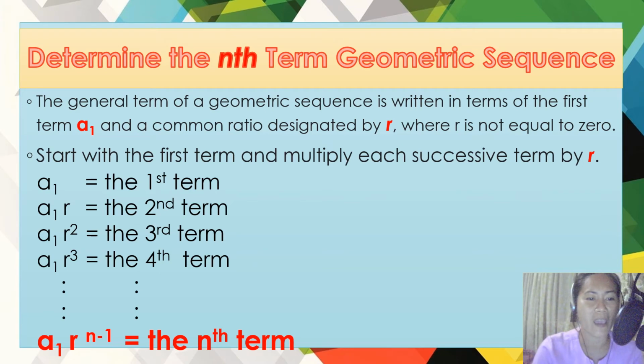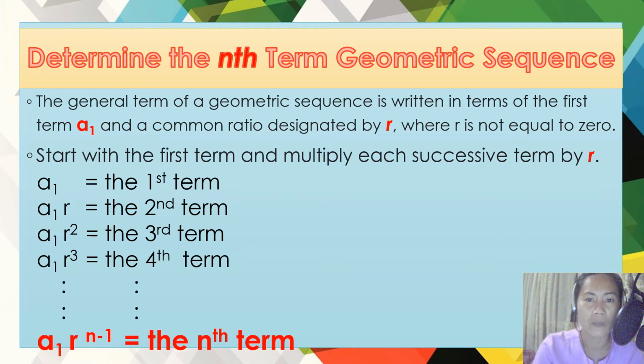So we have a sub 1 equals the first term, a sub 1 r equals the second term, a sub 1 r squared equals the third term, a sub 1 r cubed equals the fourth term, and a sub 1 r raised to the power of n minus 1 equals the nth term.